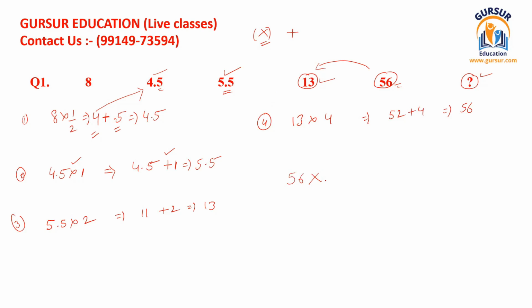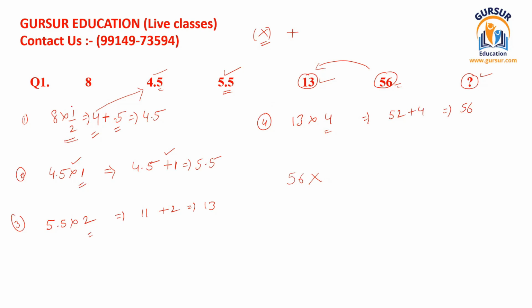Now I have to find by which digit or which numeric I have to multiply 56. This is very simple. The first one was 1/2, then it was 1, then it was 2, then it was 4. Then you can get to know that it is the square of the previous figure.